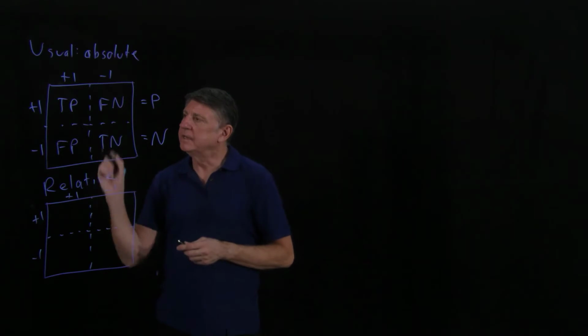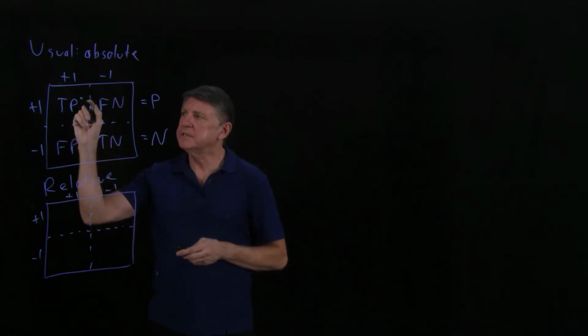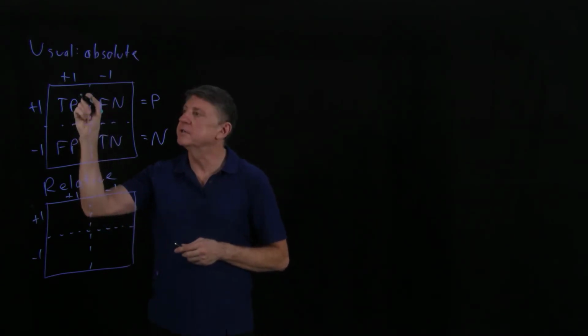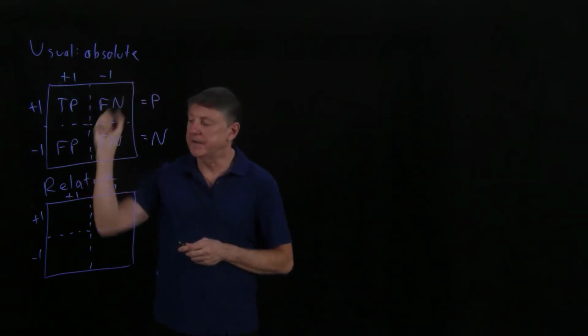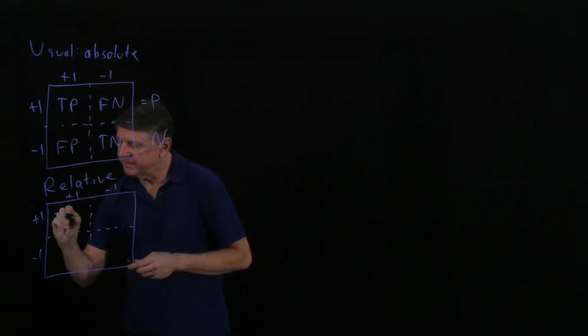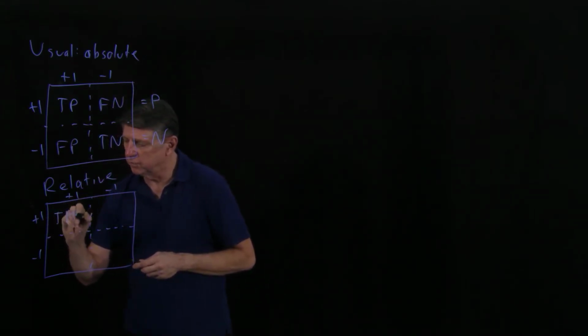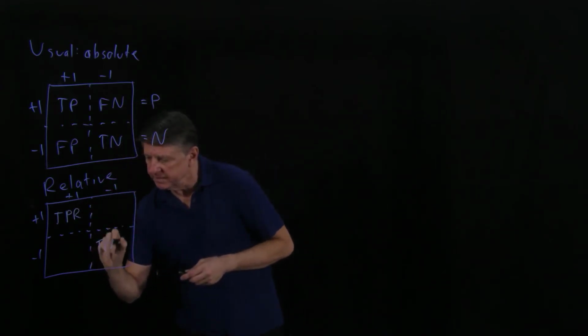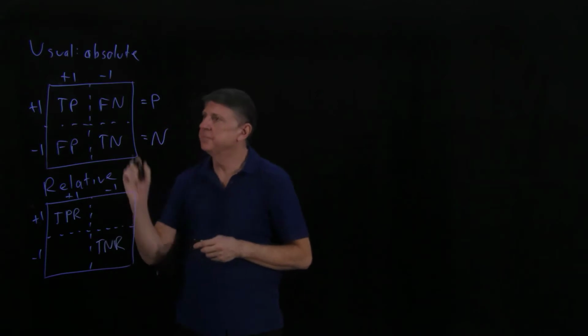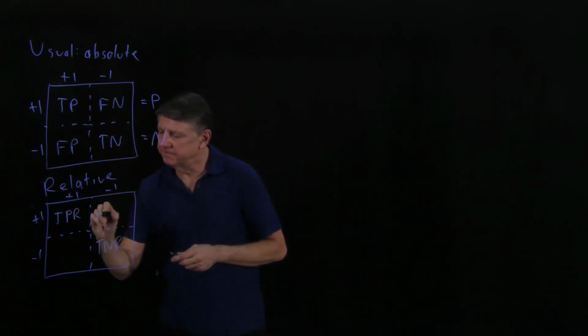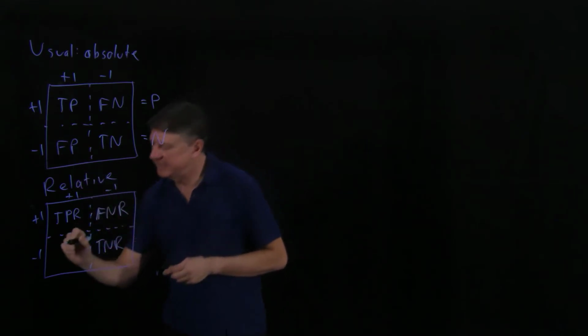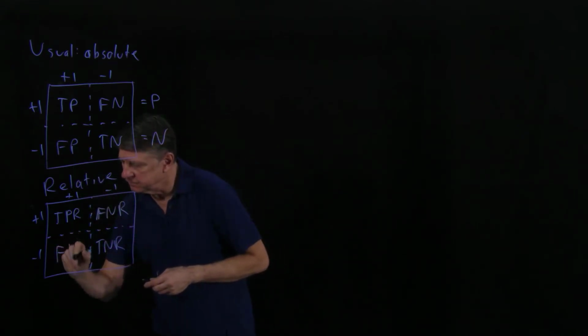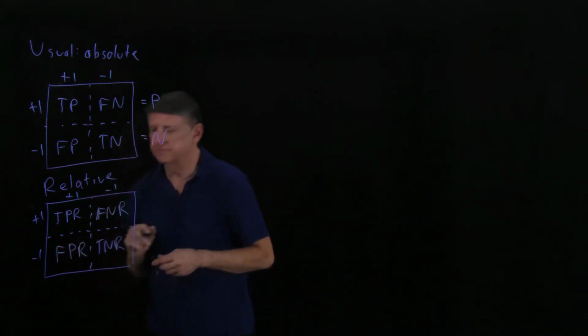Now, instead of putting the true positives, let's put in the true positive rate, which is the true positives divided by the positives. Let's make this the true negative rate. Let's make this the false negative rate. And let's make this the false positive rate.